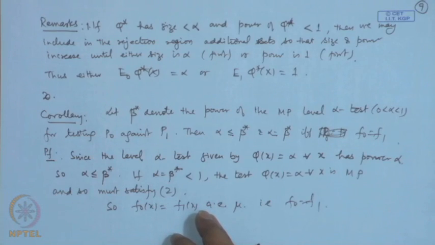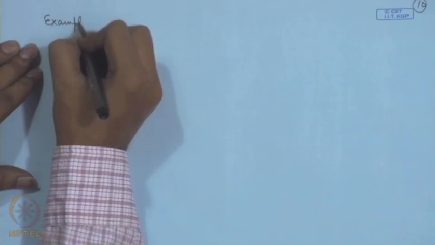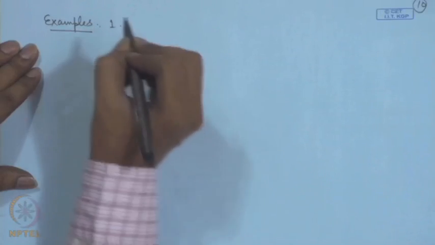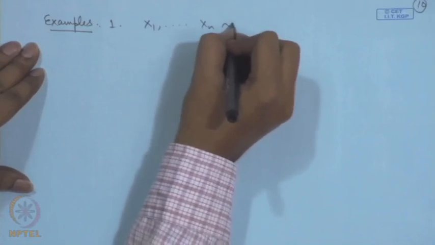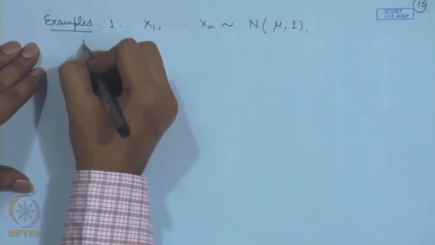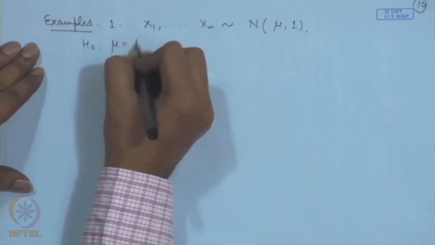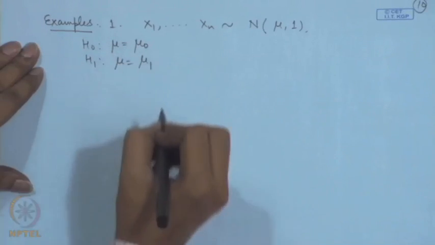Now, let me give applications of this Neyman Pearson lemma in deriving the tests for the simple versus simple hypothesis case. Let us start with x 1, x 2, ..., x n, a random sample from a normal(mu, 1) distribution. We are testing the hypothesis mu equal to mu naught against mu equal to mu 1.